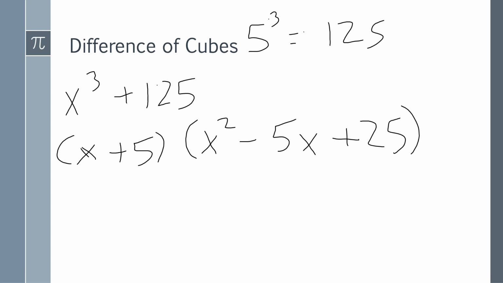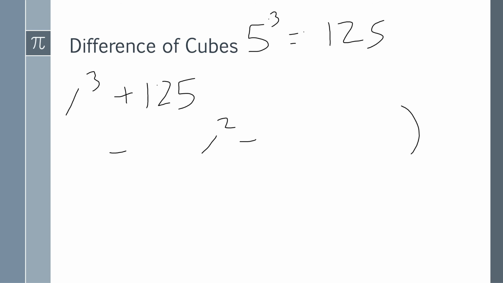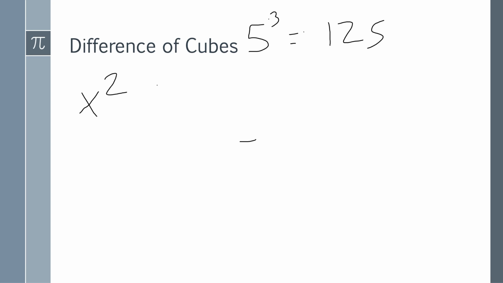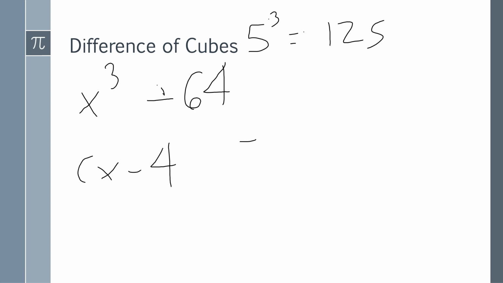So that's the sum. Now let's talk about the difference of all that. x cubed minus 64. Well, that's x minus 4, because I know you want to say x squared, but unfortunately, that's not going to be the case.